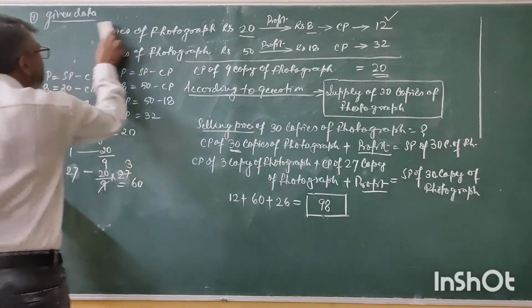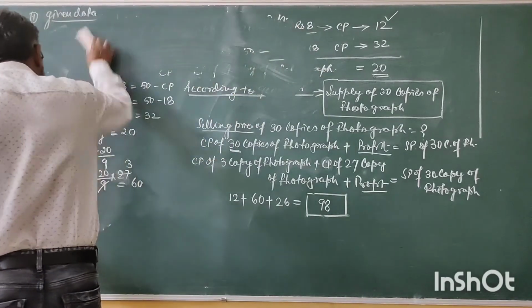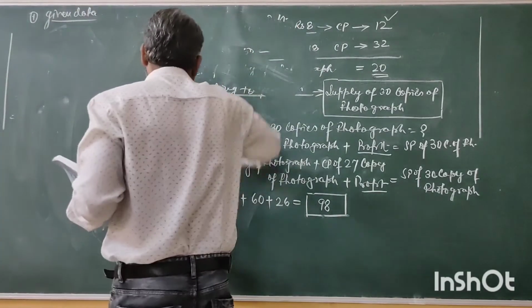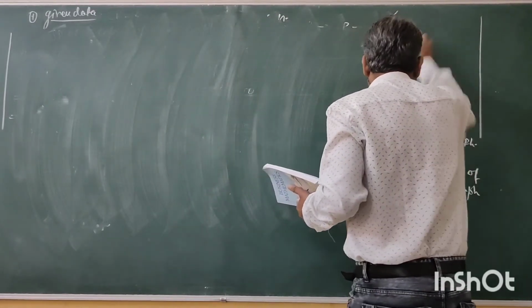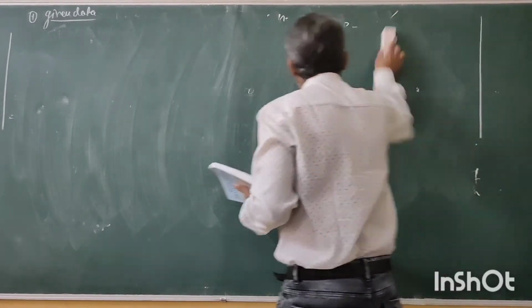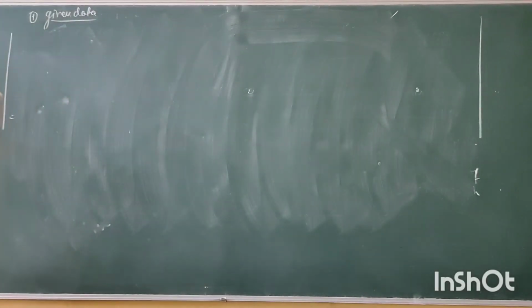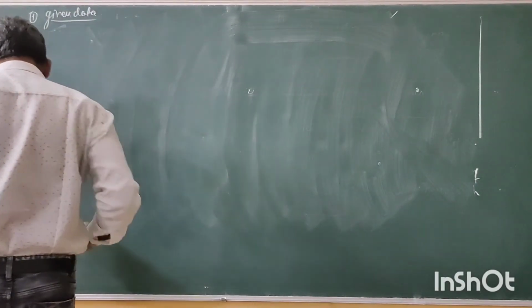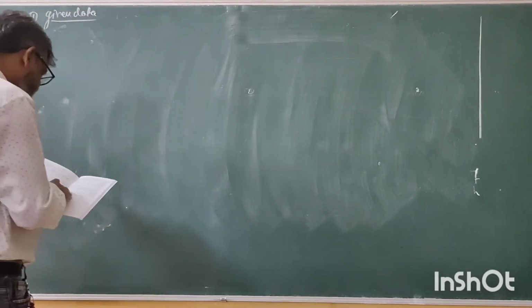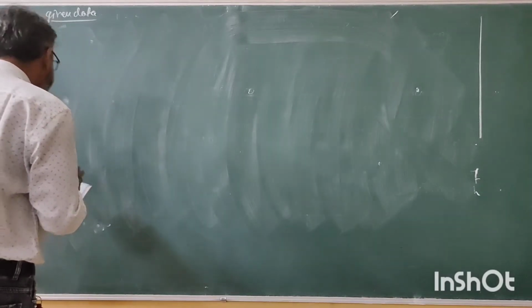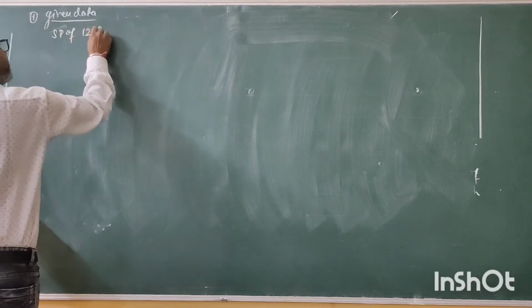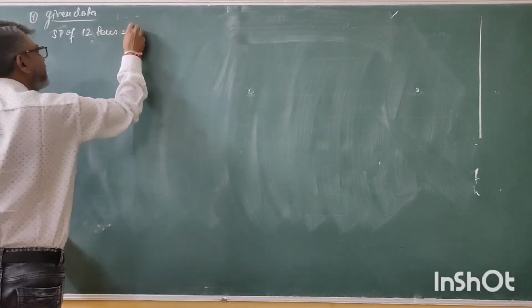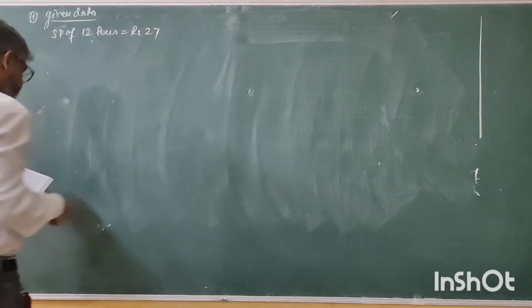Now as per given data, what type of data is there? First, the selling price of 12 pens equals 27. Selling price of 12 pens equals rupees 27.